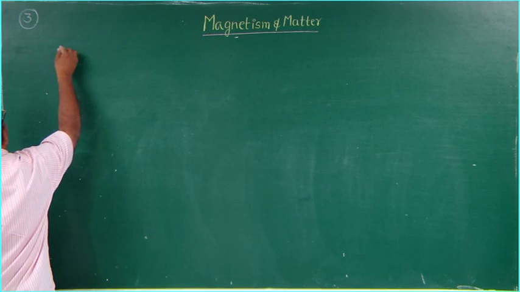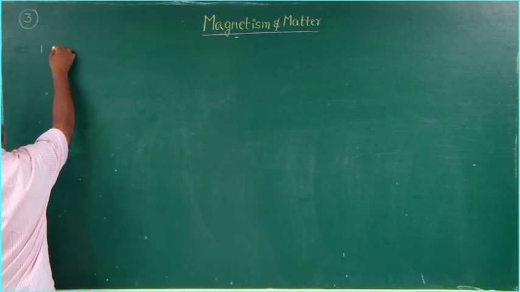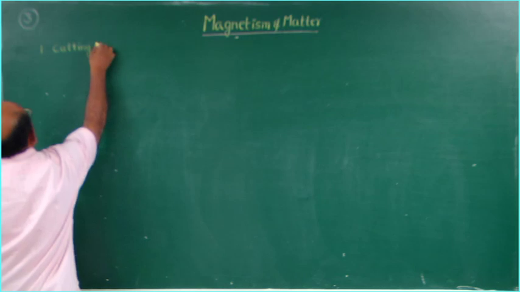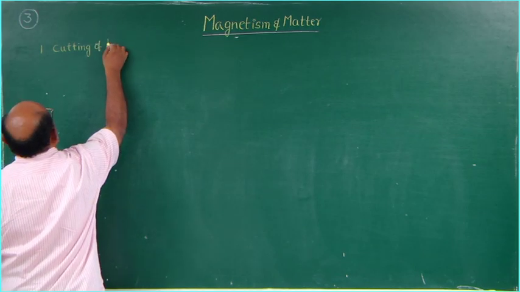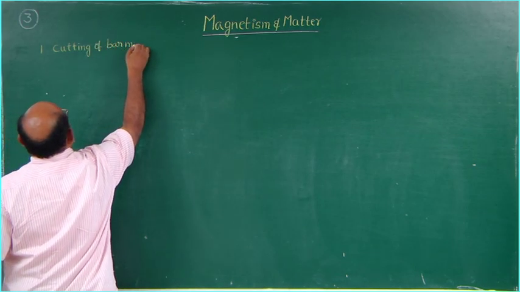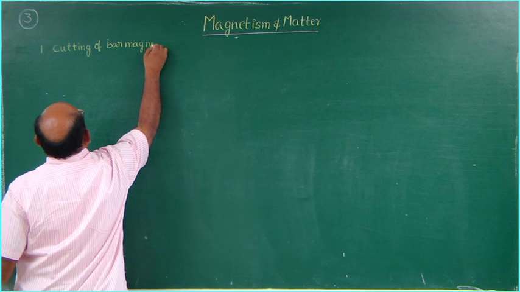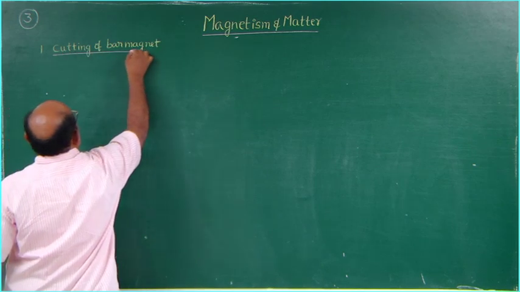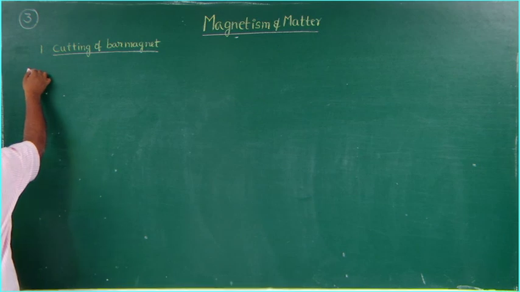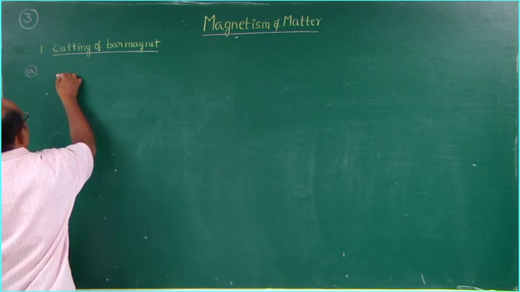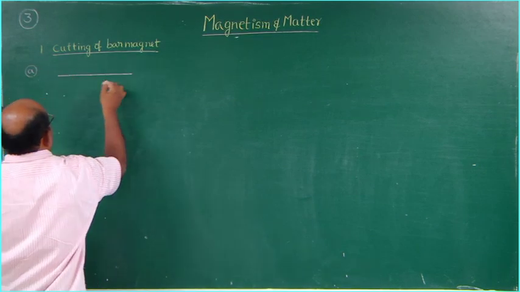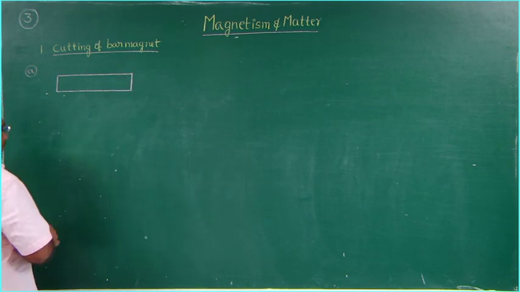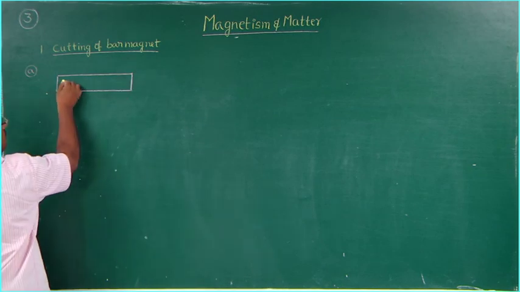In the variation of the magnetic moment, the first heading is cutting of the bar magnet. In case A, assume it is the bar magnet, with the south and the north poles.